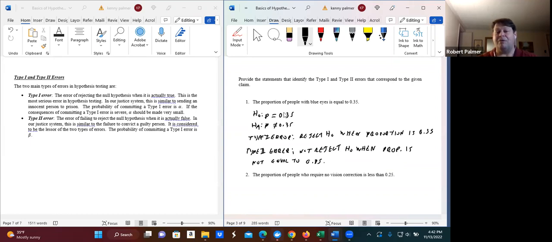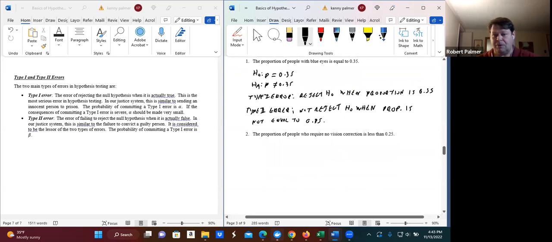The type 1 error in this case would be to reject the null hypothesis when it actually is true. Type 2 would be to not support the claim, when the proportion of people with blue eyes is actually different from that and we don't support that claim. So here I said not reject H0 when the proportion is not equal to that. You can also say failing to support the claim when it's true.